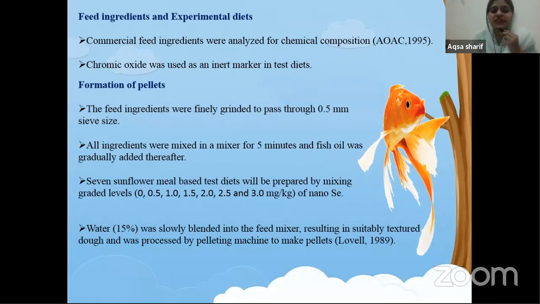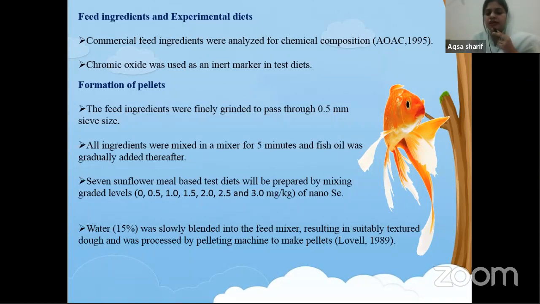Then the feed ingredients were collected, and then the feed pellets were prepared, having the sieve size 0.5 millimeter, and all the 7 diets were supplemented with graded levels of nanoselenium.